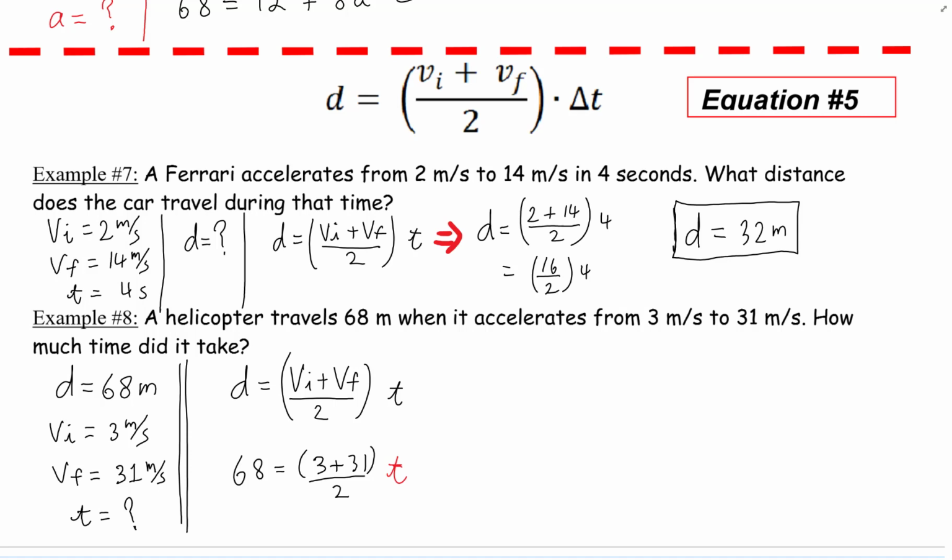Writing down the givens, the formula, plugging the numbers in. And now let's just simplify this. This will be 68 is equal to 34 over 2 times t. 68 equals 17t. t is just going to equal 4 seconds.